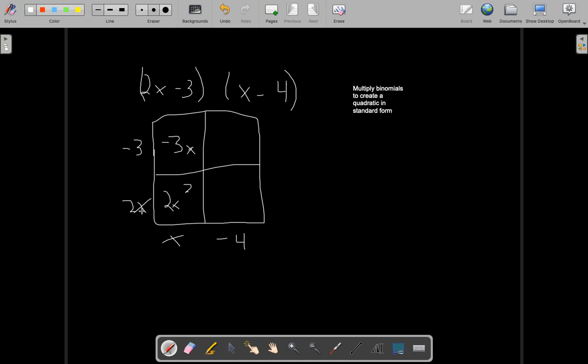Okay, and then the other one is 2x times negative 4, which is negative 8x. Okay, and then the bottom one is negative 4 and negative 3. So that's going to give us positive 12 because the negative turns to positive.